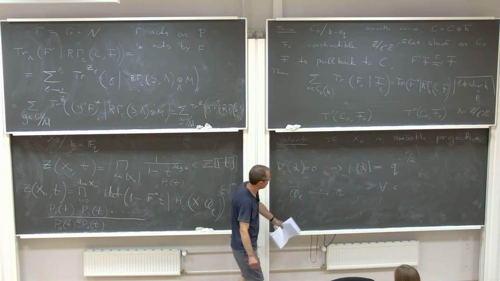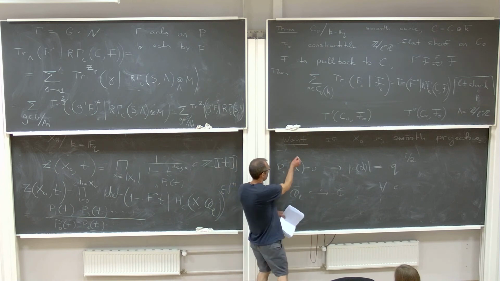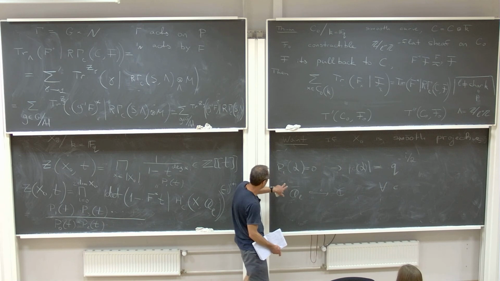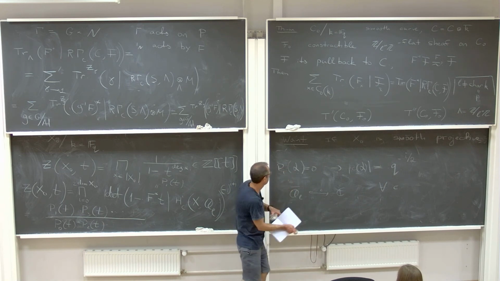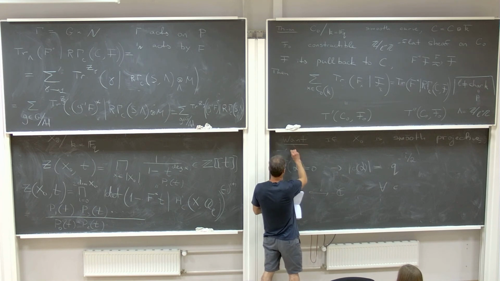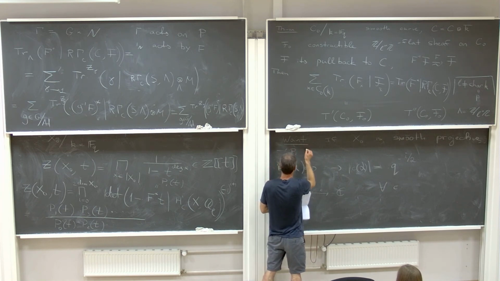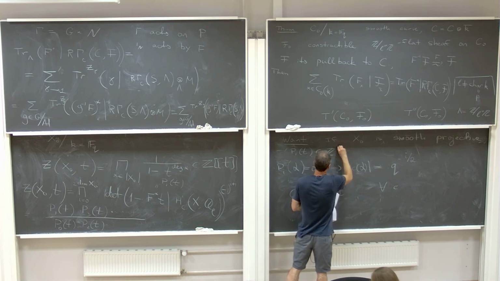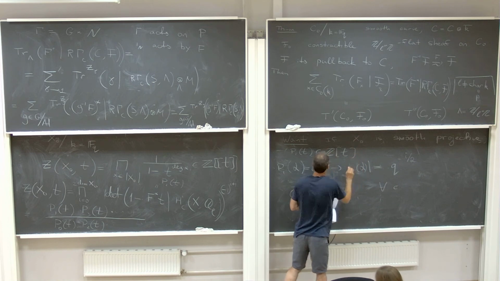So implicitly here, this kind of implies that this polynomial has coefficients at least in Q bar. But in fact, it is true that the coefficients are rational. This polynomial has rational and even integral coefficients. Right?